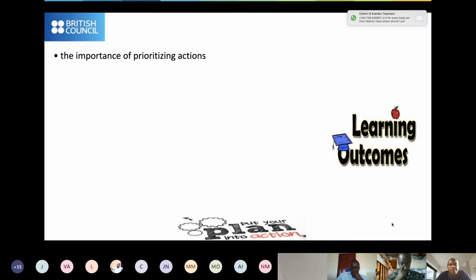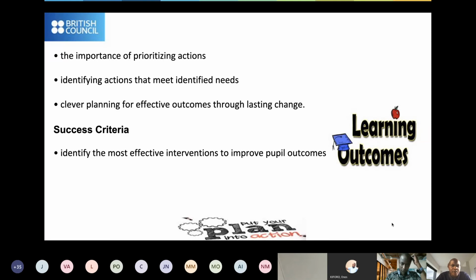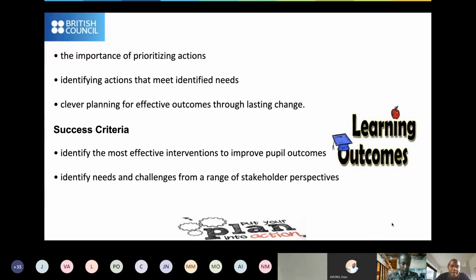The other is to identify actions that meet our identified needs, because we have needs and we want to map the needs with the actions we are taking. And then we also want a clever way of planning so that we can be effective and have a long-lasting change. So we expect you to participate and to be active.